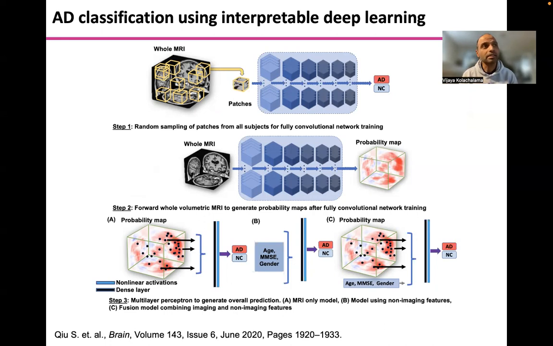It all started when a PhD student named Shangran, the first author of this paper, came up with an idea of creating a computationally efficient deep learning framework to process raw MRI scans of the brain. This deep learning model is a fully convolutional network, which is a variant of the traditional convolutional network that I described, that you probably know.